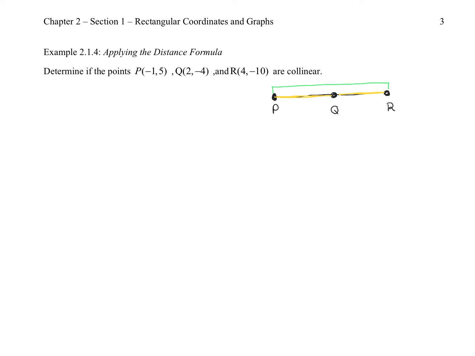I'm going to color code, and I'm going to call this distance here the blue distance, so P to Q. So distance of PQ is going to equal square root of negative 1 minus 2 squared plus 5 minus negative 4 squared. This is going to be negative 3 squared plus 9 squared. So this is 9 plus 81, which gets me the square root of 90.